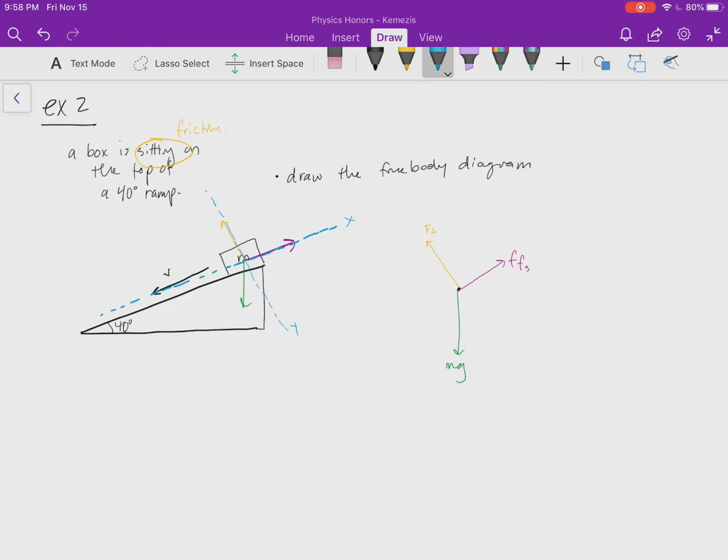Normally we look horizontal, but I'm tilting this idea of where my X and Y plane are, and I still have a 90-degree angle between the X and the Y. I'm just shifting this to make our lives a little bit easier. Okay, so we're saying that the force of friction is now along our x-axis, and the normal force is now along the y-axis.